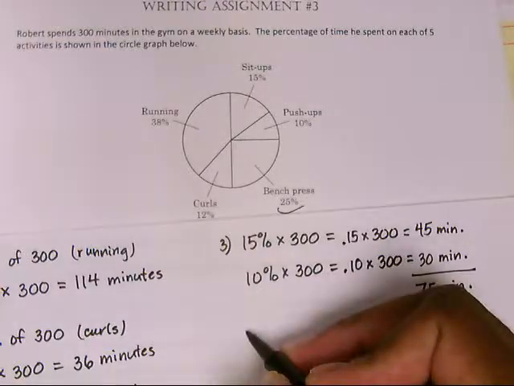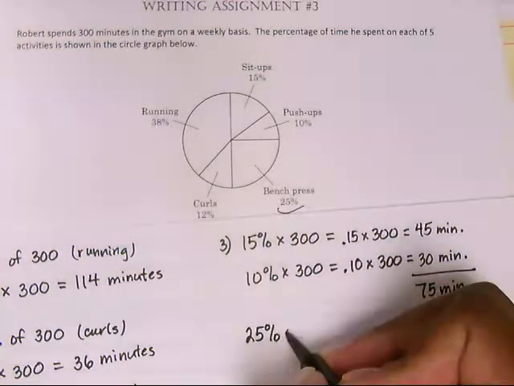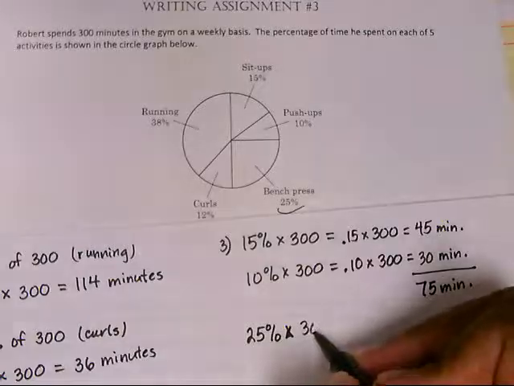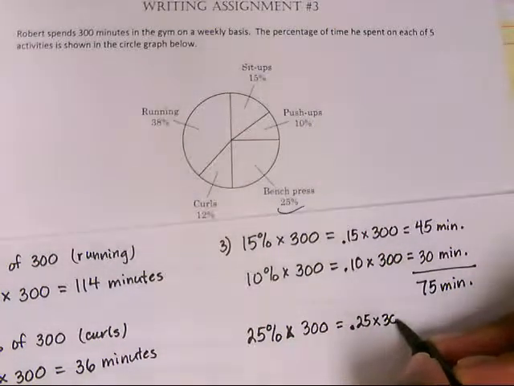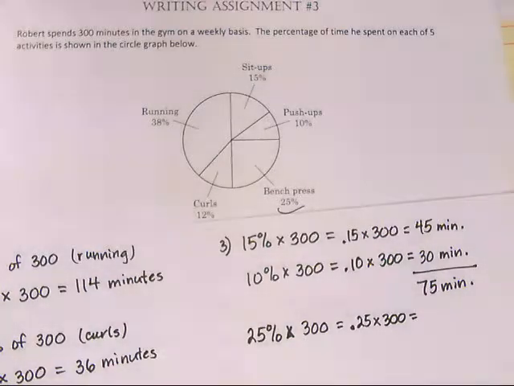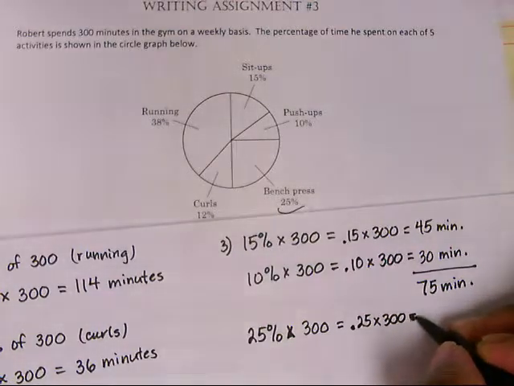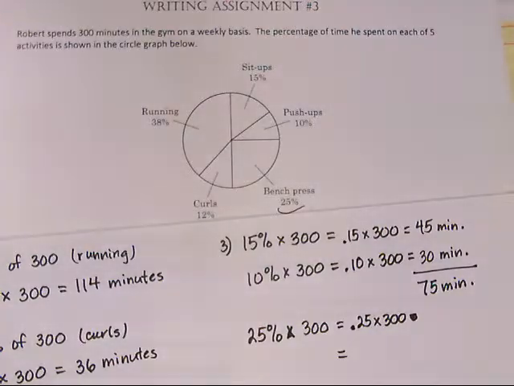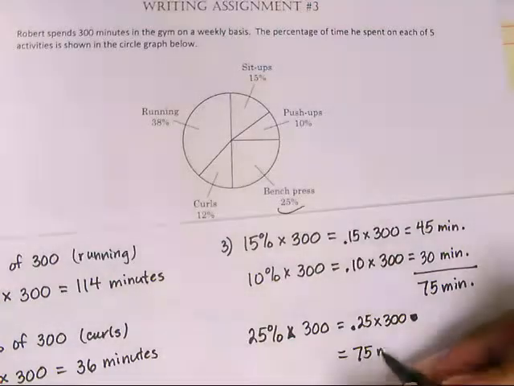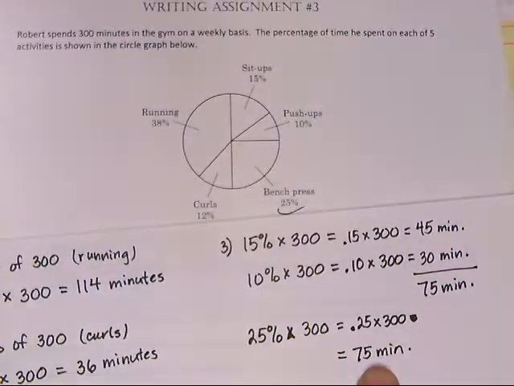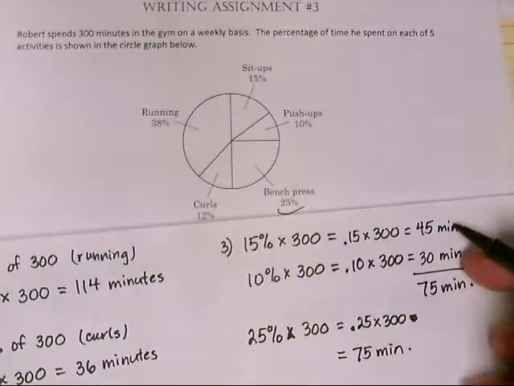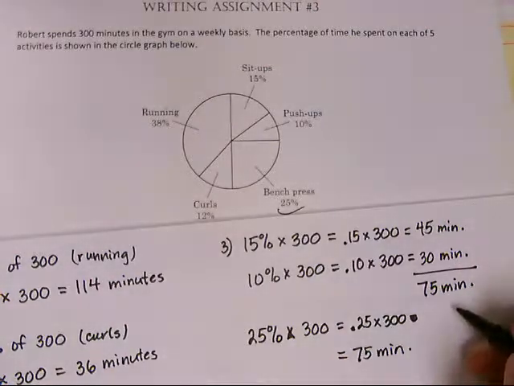So here, I can check myself by doing 25% of 300, or 0.25 times 300, which in this case gives us 75. So here he spent 75 minutes on bench pressing, which is the same amount of time that he spent on doing sit-ups and push-ups combined.